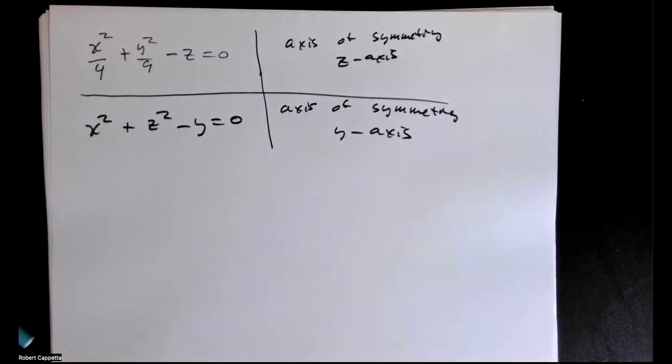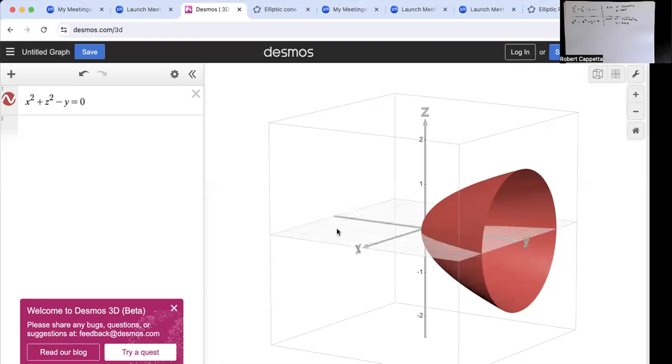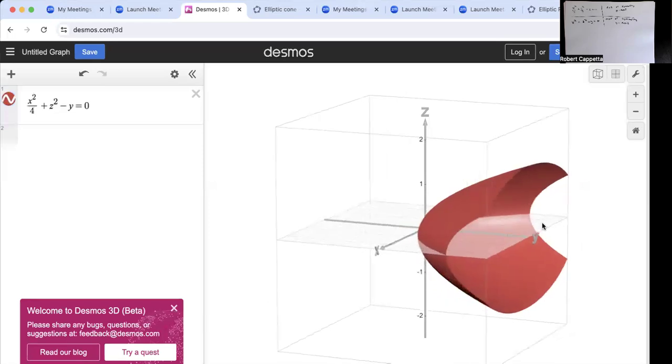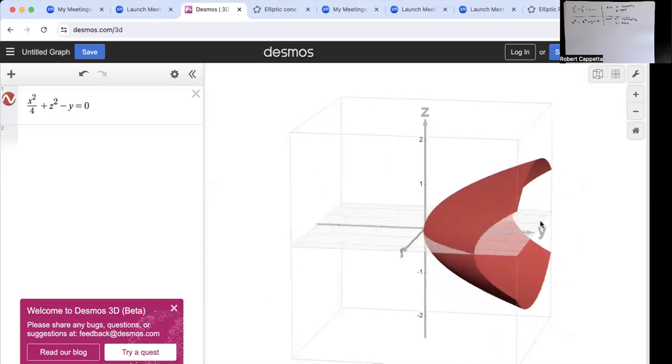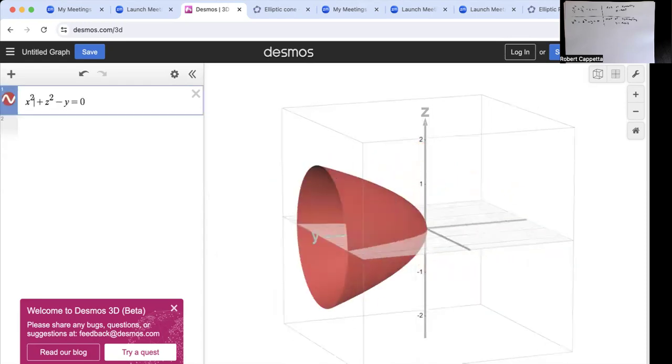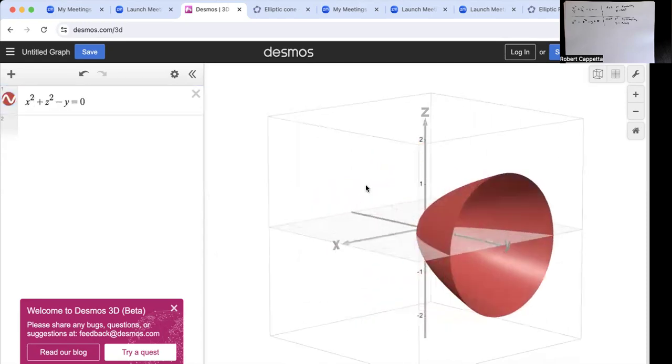So let's see if we get this diagram. I have x squared plus z squared minus y is 0. Notice the y-axis is the axis of rotation. I certainly could make these things ellipses rather than circles just by dividing somehow, but then it doesn't quite look as nice as the other version, but there it is spinning. But indeed, that is an elliptic paraboloid.